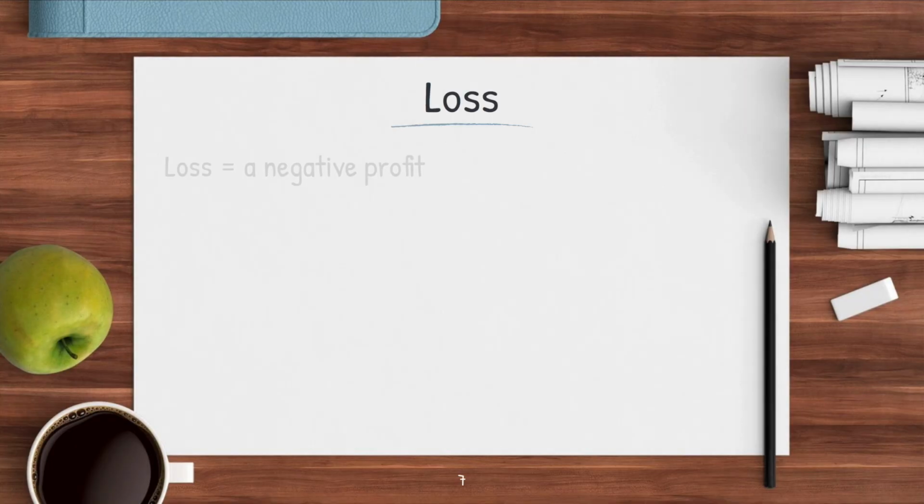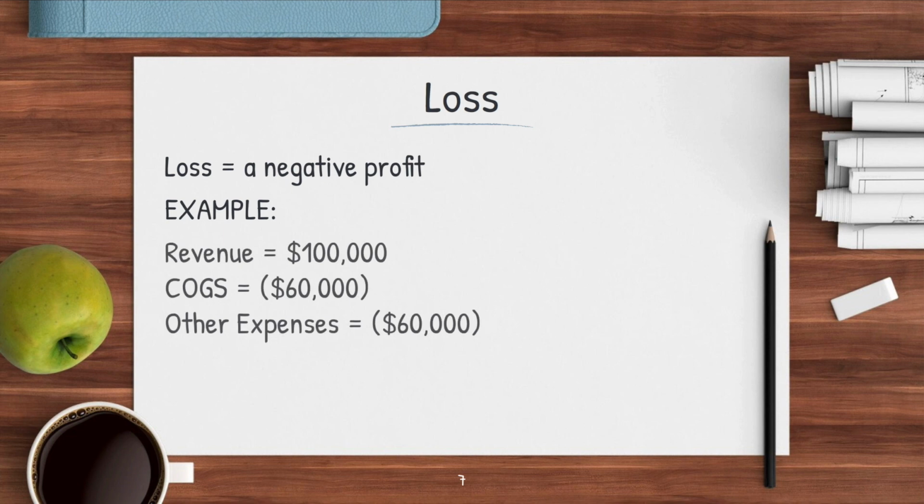However, what if profit is negative? In that case, you should use the word loss. Let's look at an example. Let's say that your company earned $100,000 in revenue during the month. The cost of goods was $60,000, and they had to pay another $60,000 in other expenses like taxes, rent, and wages for their workers.